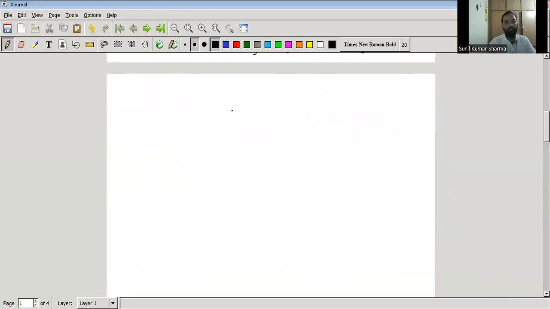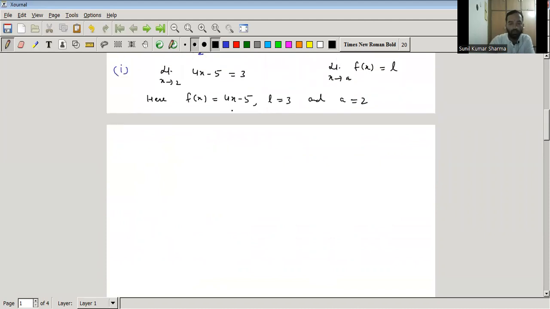So mod x minus a is greater than 0. We have to first estimate mod f(x) minus L. So mod f(x) minus L is equal to mod 4x minus 5 minus 3, and that is equal to mod 4x minus 8.